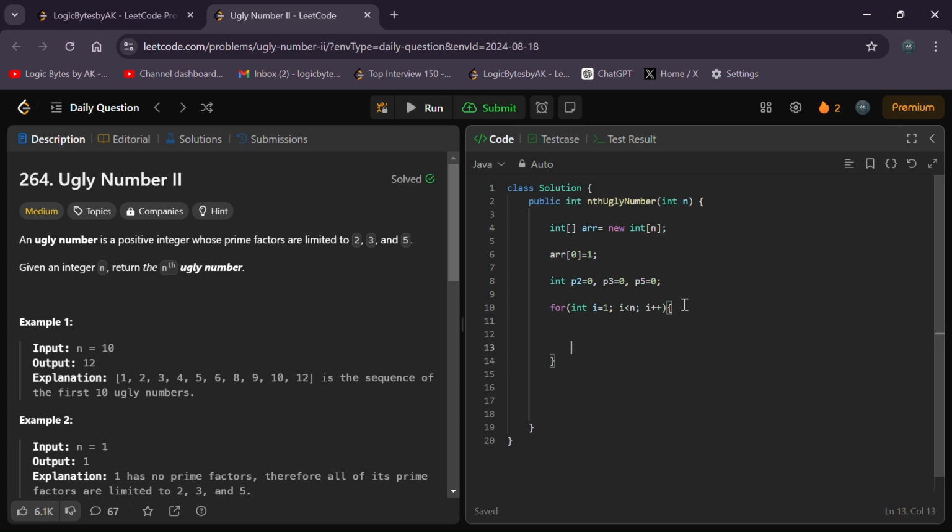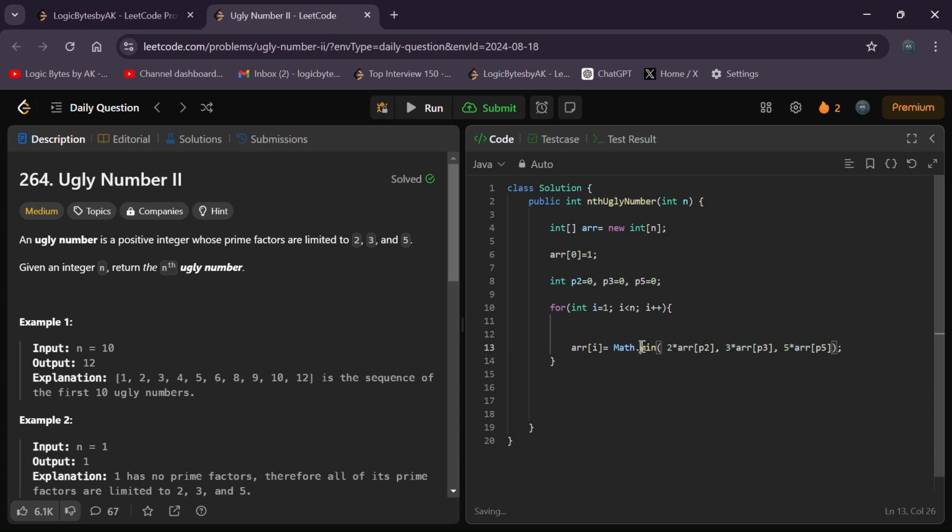Where we store array of i as the minimum of 2 into array of p2, 3 into array of p3, and 5 into array of p5. Sorry, it's my bad, it's a star for multiplication.